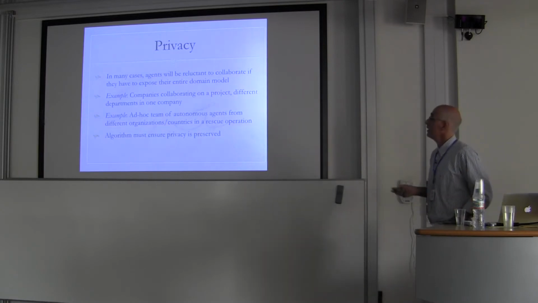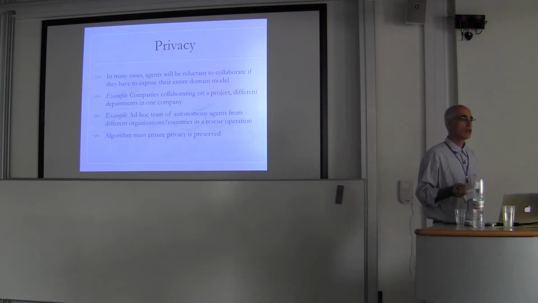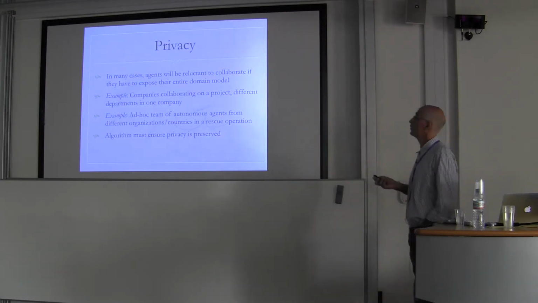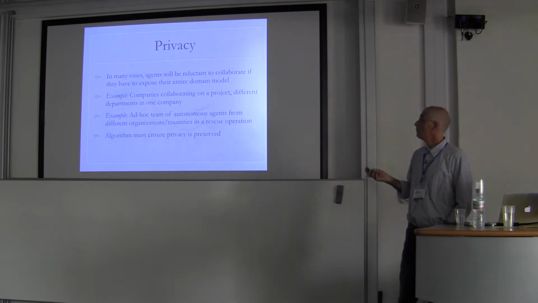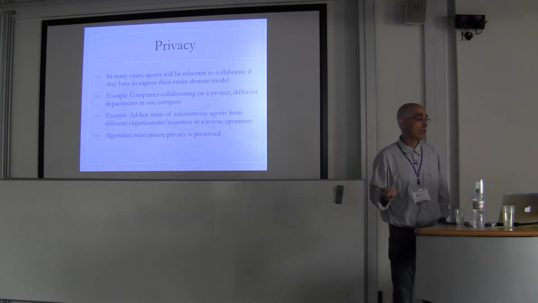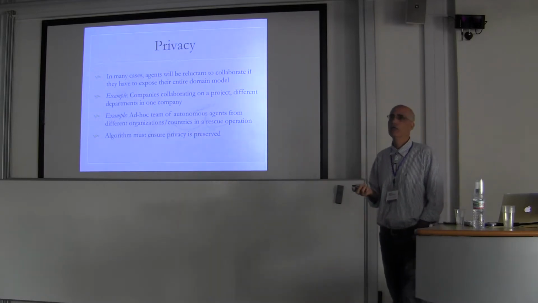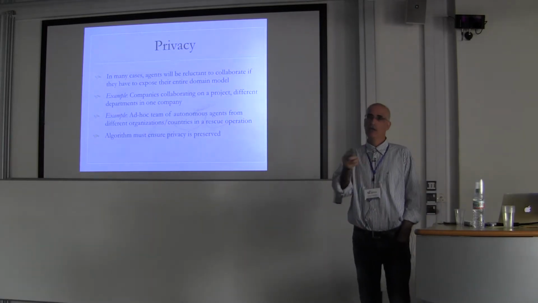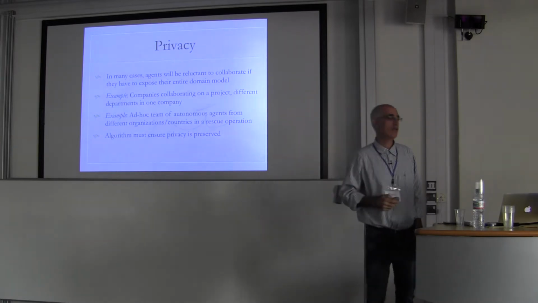Okay. Another issue, so this was about the different objectives. Another issue is privacy. In many cases, agents will be reluctant to collaborate if they have to expose their entire domain model. So for example, companies collaborating on a project, or even different departments within a company will often collaborate with other departments but want to keep some of the information private.